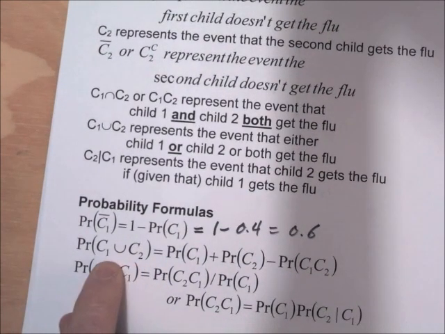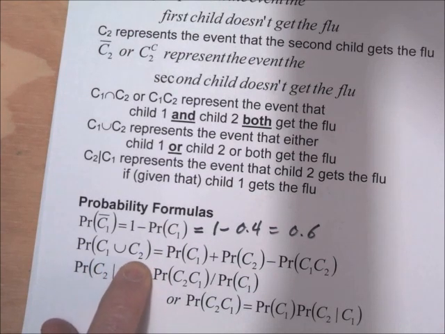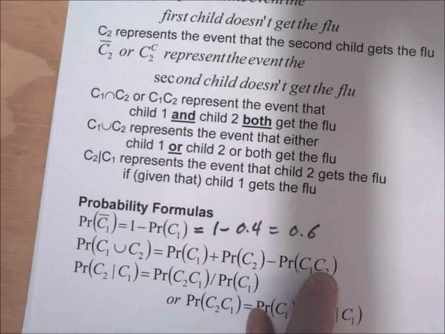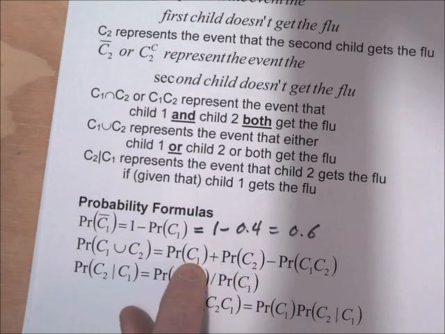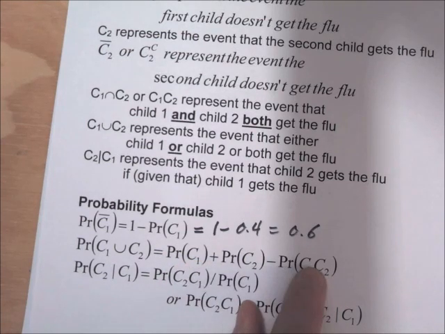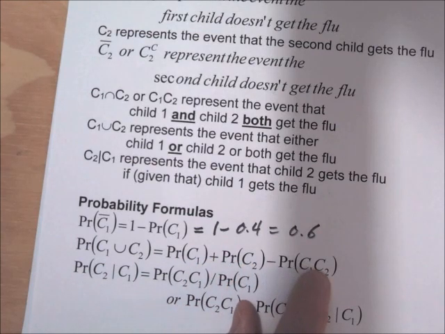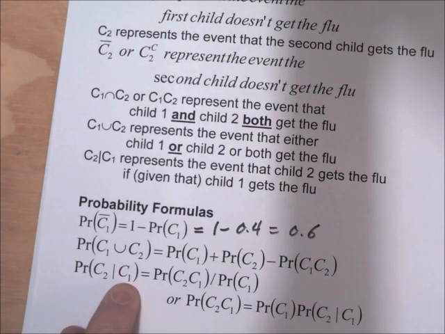Also, for the probability of C1 or C2, you can add the two separate probabilities and then subtract off the probability of both. So the probability of C1 plus the probability of C2, and then subtract the overlap. And then for the conditional probabilities, the probability of C2 given C1 is the probability of both divided by the probability of C1.